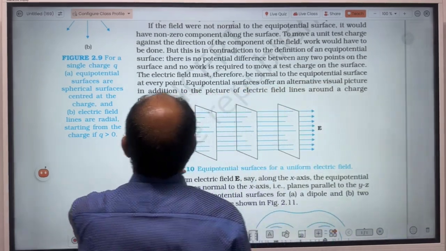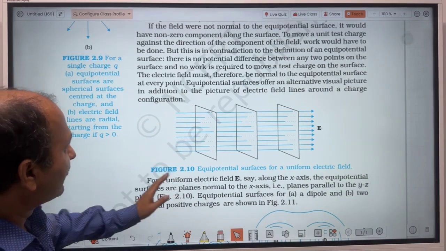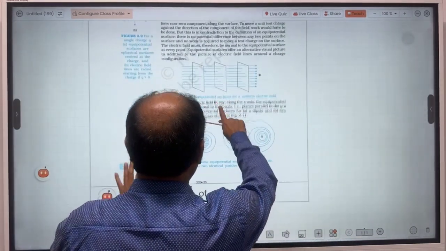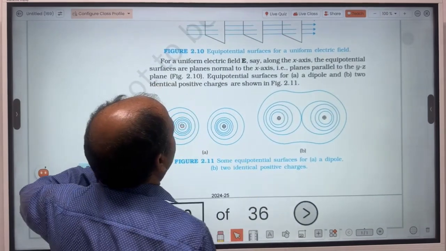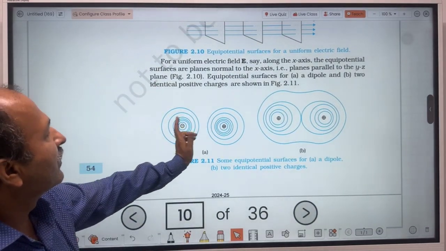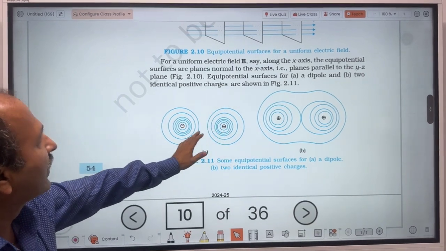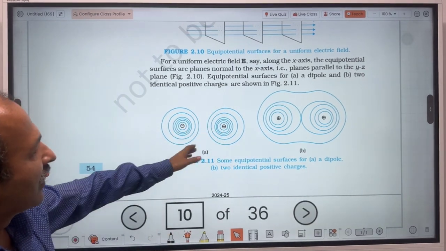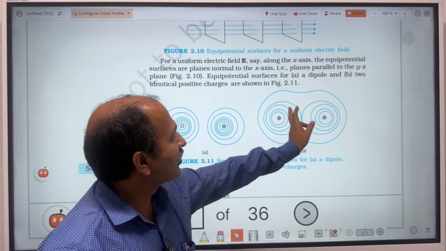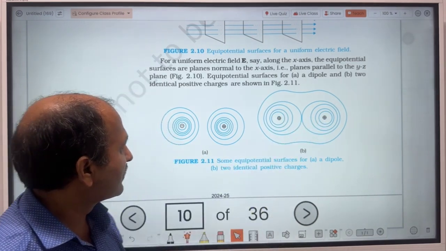For a uniform field, equipotential surfaces will look like this. Now if we observe what the shape of equipotential surfaces will be for a positive and negative charge, it will look like this. You have to practice. And suppose both charges are of the same nature, in that case equipotential surfaces will look like this.